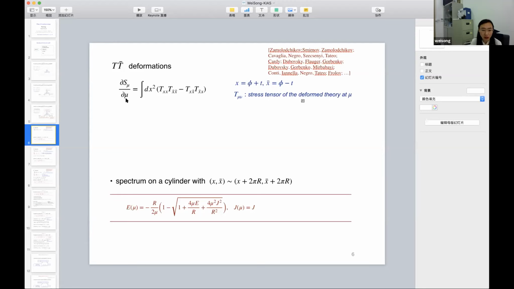And the result is actually the determinant of the stress tensor. Here, we are putting the theory on a circle, the two-dimensional field theory on a cylinder, where t is the time direction and phi has a finite length R. And we can combine t and phi to have two light-cone coordinates, that's called x and x bar.